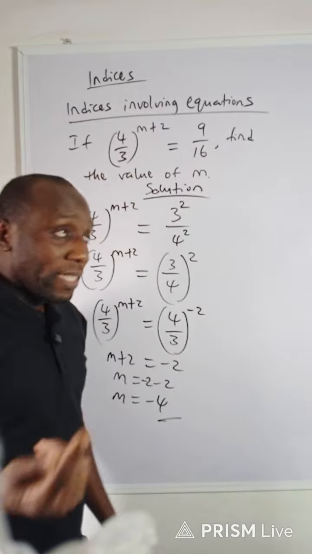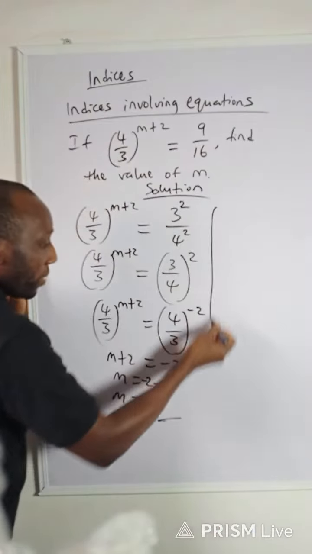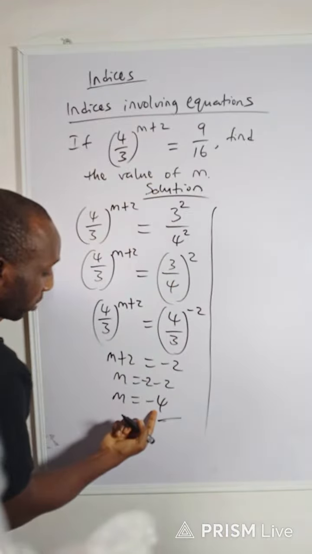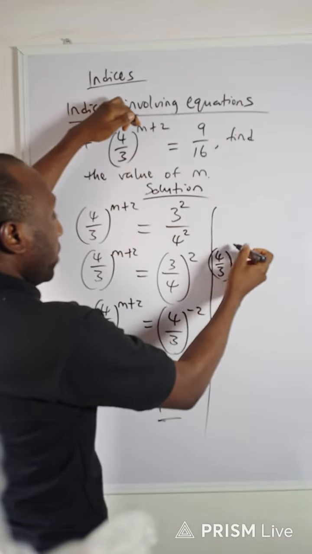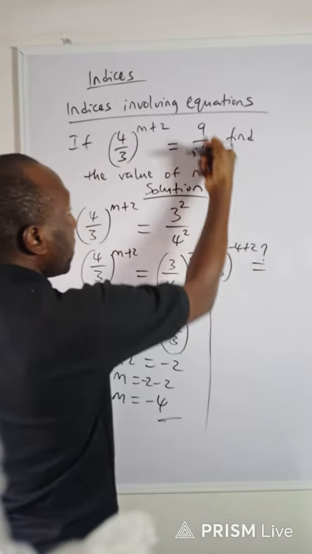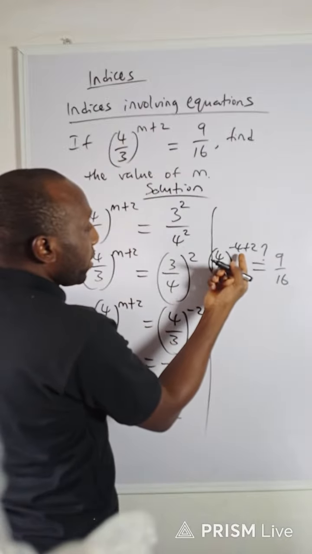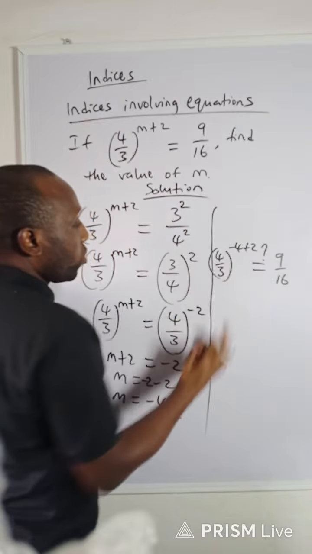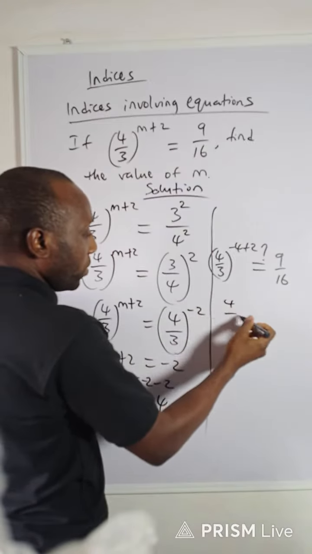Again, if you want to test if what you did is right or not, we can quickly do that. Let me just do it here. See, we got m as -4. So I'm just going to say 4 minus 3, -4 plus 2. I want to see if it will give me 9 over 16, right? So what is -4 plus 2? That's -2. All right.